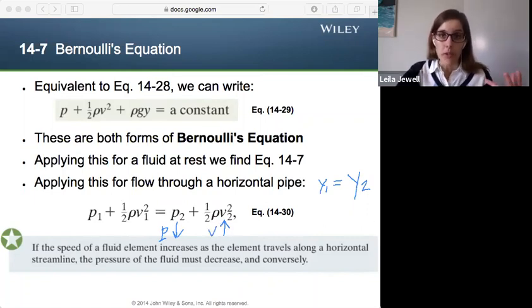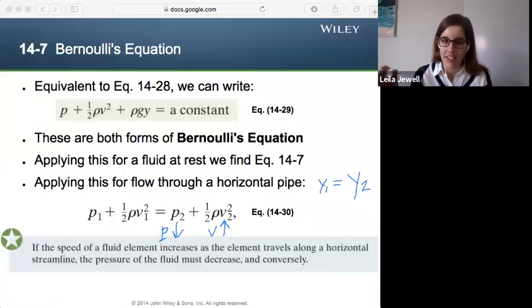Similarly, if the speed of the fluid decreases, if it starts traveling more slowly, then there's going to be a greater amount of pressure. This sometimes seems a little bit counterintuitive to what we're used to. If we think of something traveling fast, we don't think of that as being low pressure. But be very careful looking at the equations, and you can keep it straight. And we'll see some examples of this in a little bit.